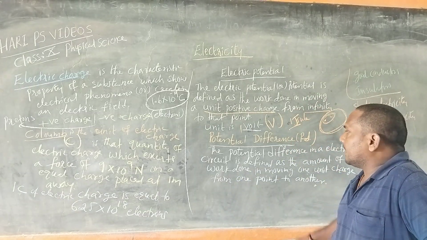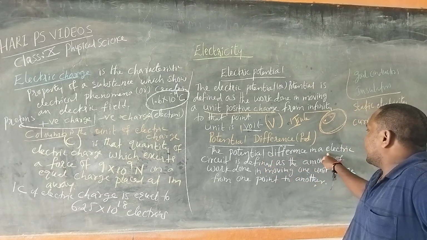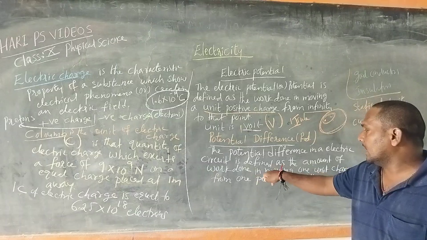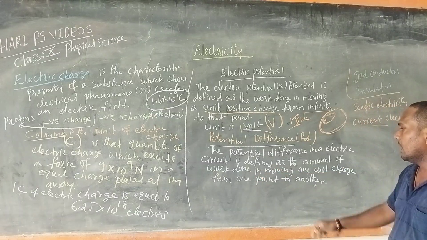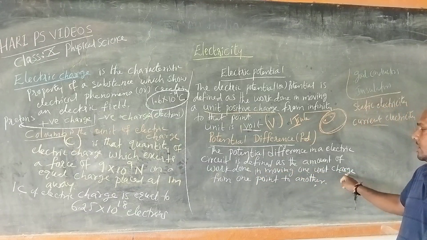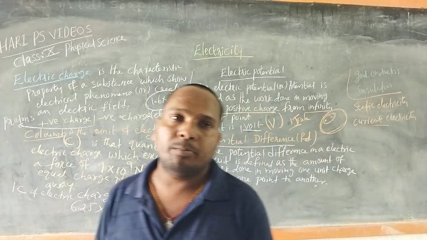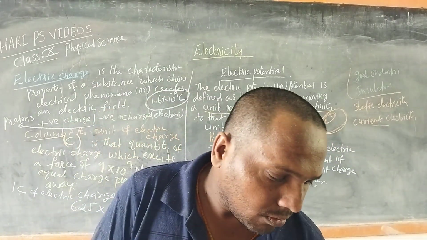So potential difference in an electric circuit is defined as the amount of work done in moving one unit charge from one point to another point.